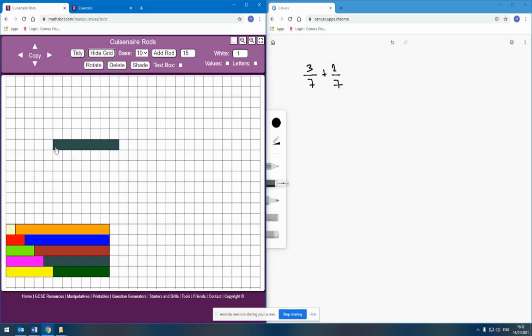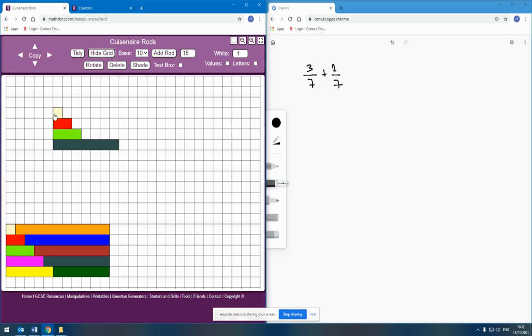The reason I might use the black rod as 1 whole is because then each of these rods takes on the value of sevenths. So this is 1/7, this is 2/7, the red rod, and the light green rod here is 3/7.